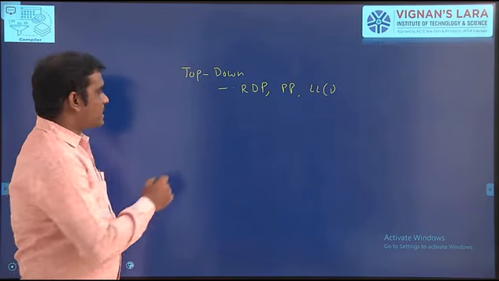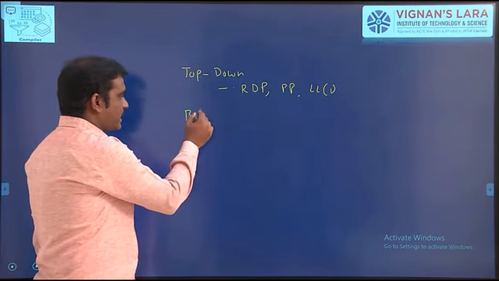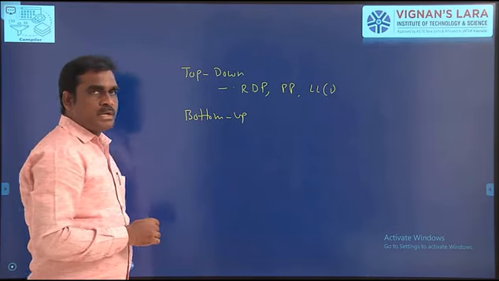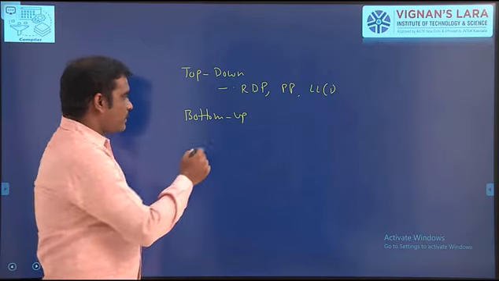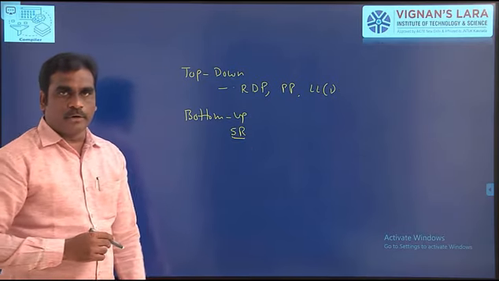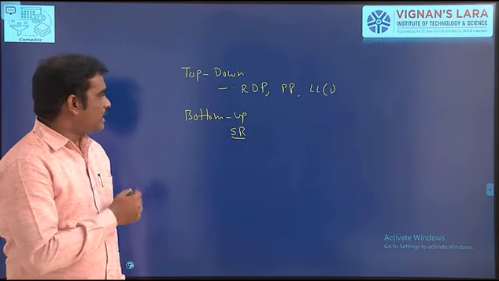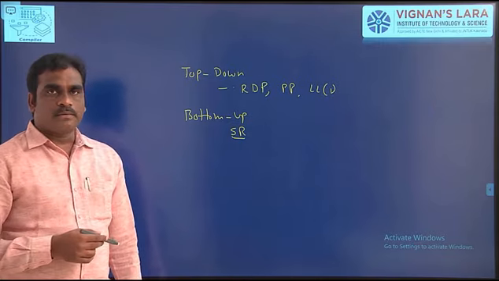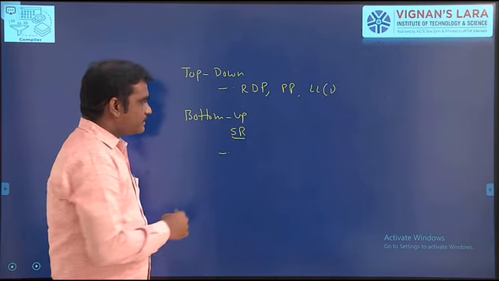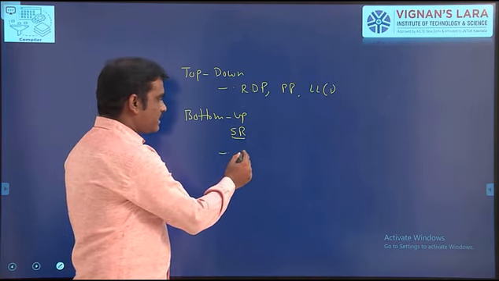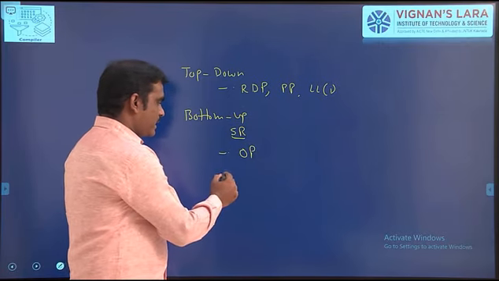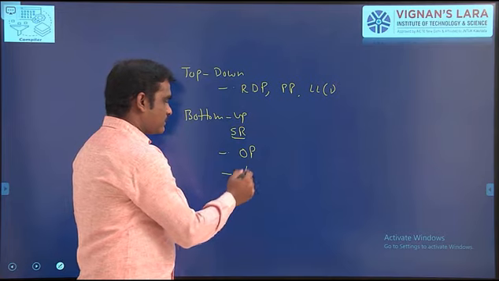And the second type of parser is bottom-up parser. In this bottom-up parser, we can also call it as an SR parser, that means shift reduce parser. And in bottom-up parser, we are going to learn one is operator precedence, second one is LR parsers.